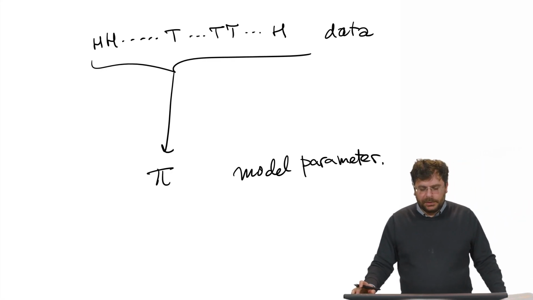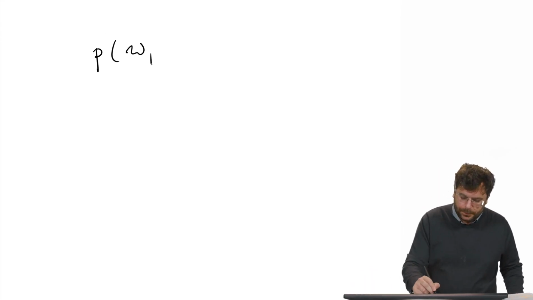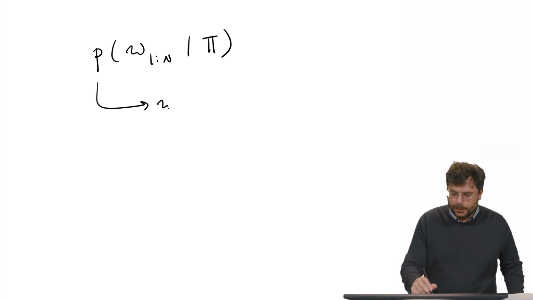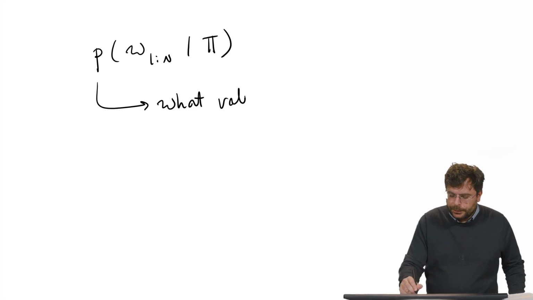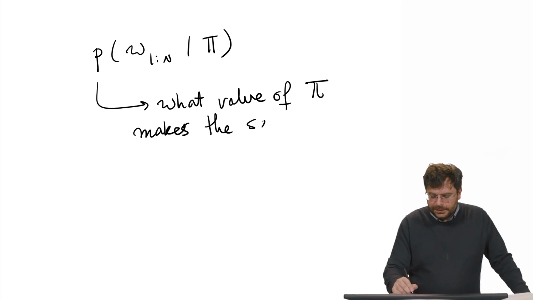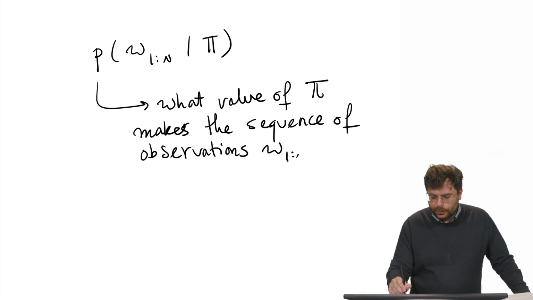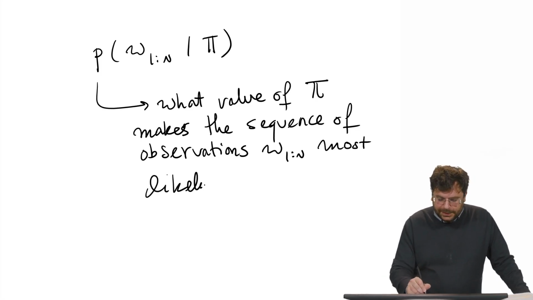How am I going to do that? Well, I will say, what value of pi makes the sequence of observations or measurements or data observations W1 to n most likely?